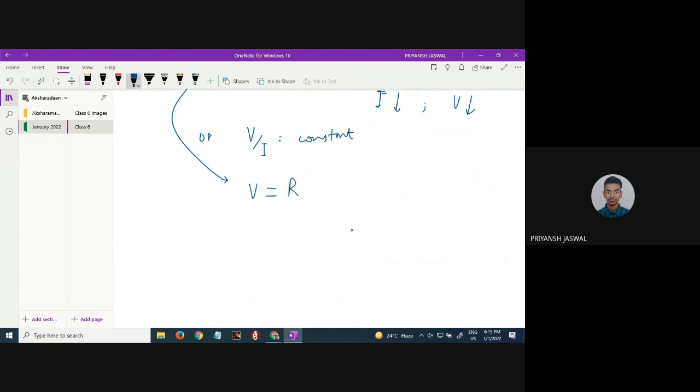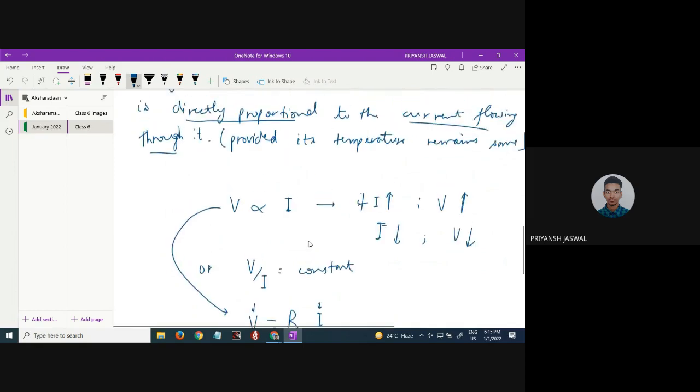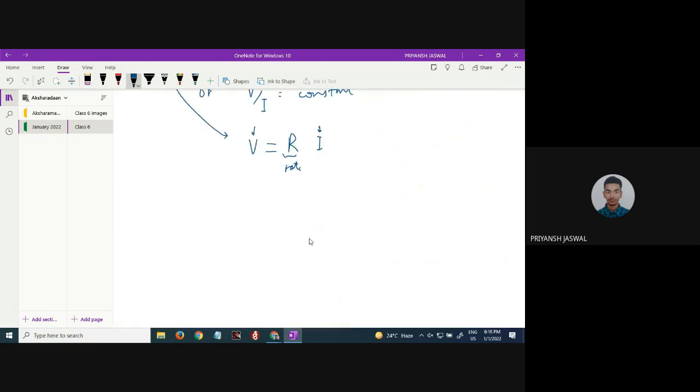Suppose the constant is R. This constant is just the ratio which equates these two quantities, the current and the potential. Or we can just rewrite it as V is equal to I times R.